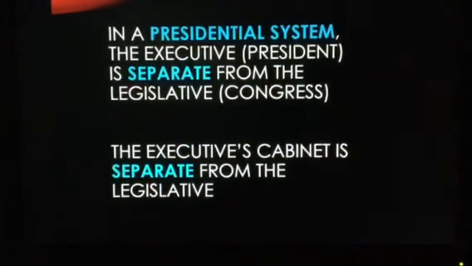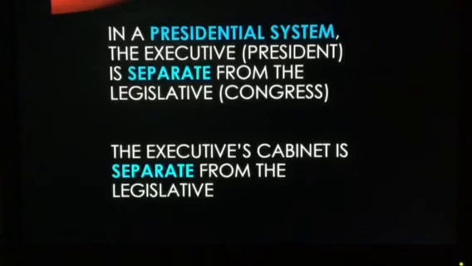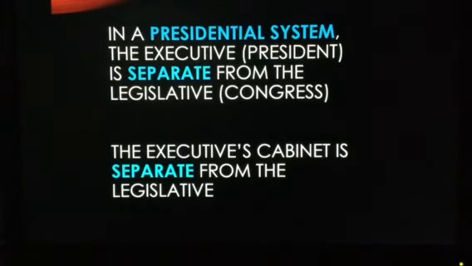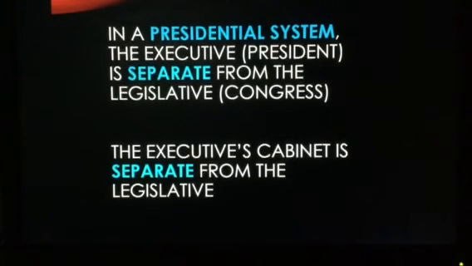However, in a presidential system, the executive, called a president, is separate from the legislative. Our president is not a member of Congress. The president's cabinet is also separate from the legislative. There's a clear separation of powers in a presidential system, whereas in a parliamentary system, the executive is part of the legislative.